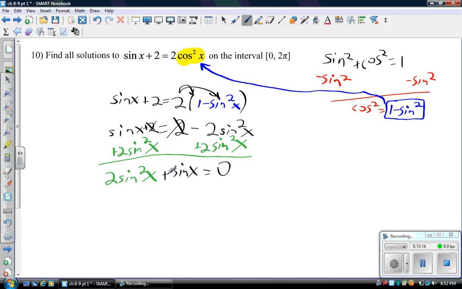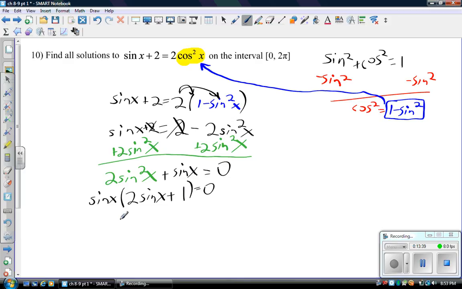Now it looks much more familiar. I can factor a sine out of both of these terms. There's a sine in that, there's a sine in that. So if I factor out a sine, what's left here? Well, that's a 2, and there's still a sine left. Plus, if I factor out sine from that, I just have 1.